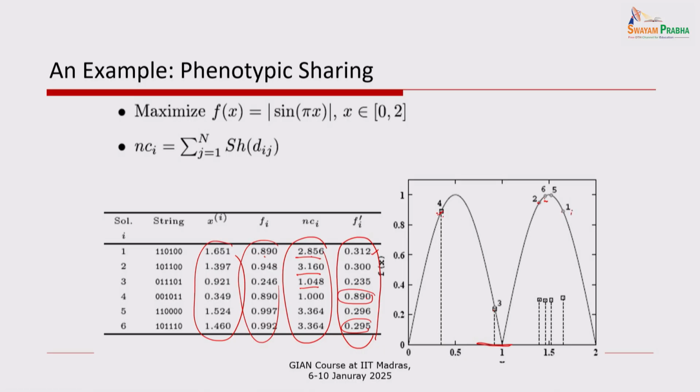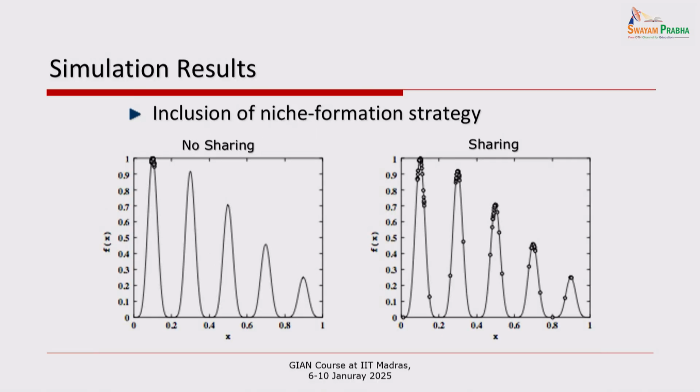So whenever you have crowding happening, your niche count number goes up, your fitness gets divided. So your effective fitness is low compared to the ones that are isolated. So that's the balance that's being maintained, and this can go on as long as you run it. If you run it, you will always see an equal number of individuals around each peak. So that's the idea of the sharing function.